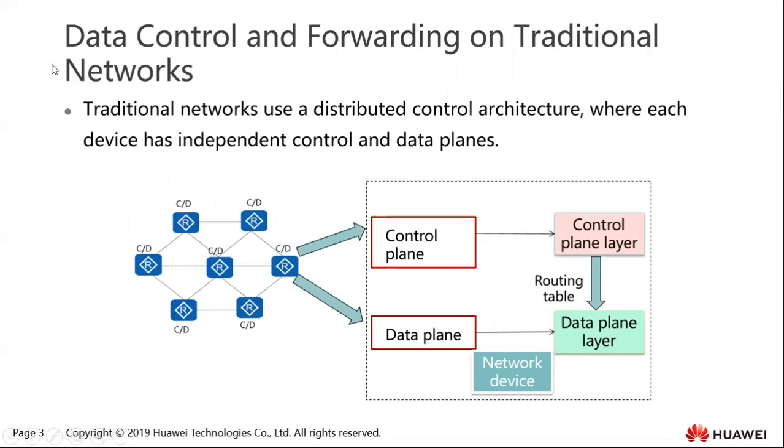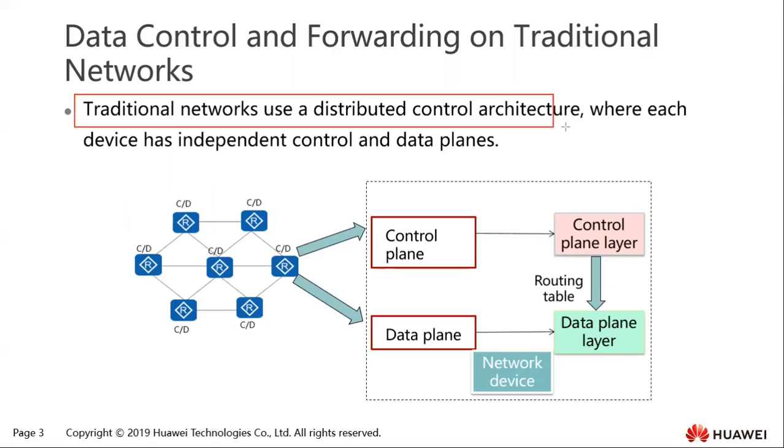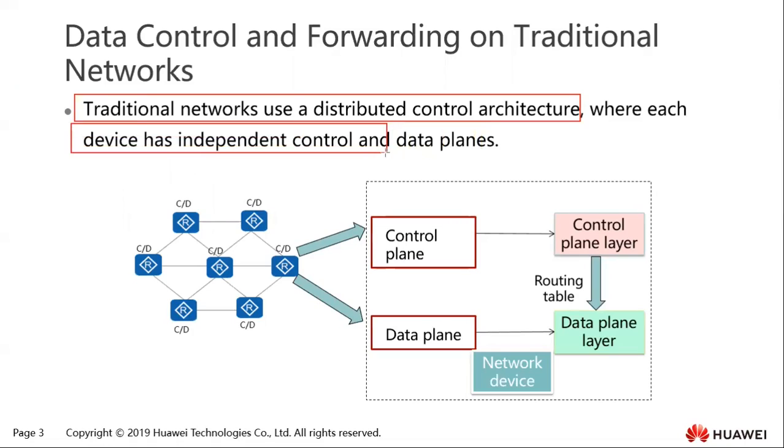So traditional networks use a distributed control architecture, where each device has independent control and data planes. Now, generally, each router in a traditional network has a control plane and a data plane.